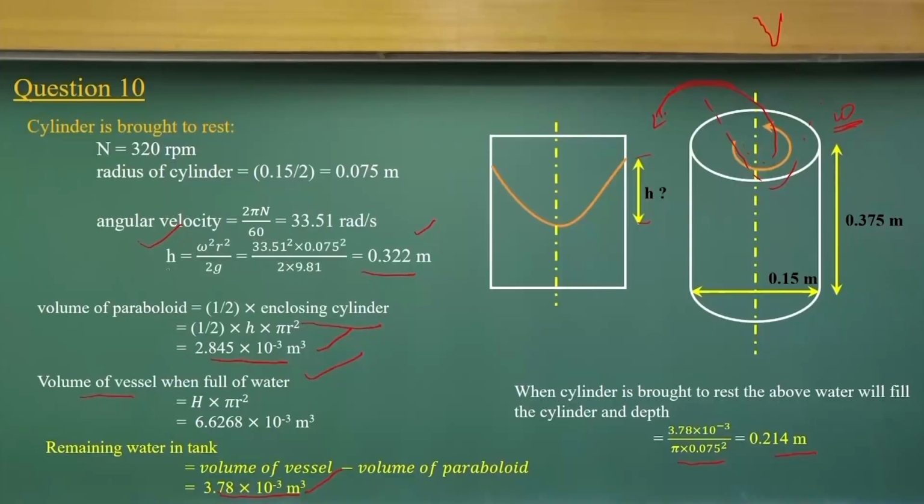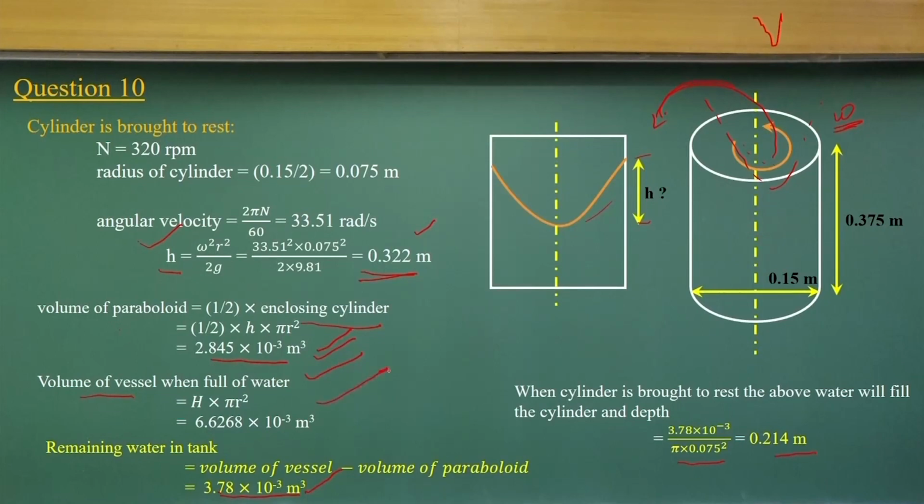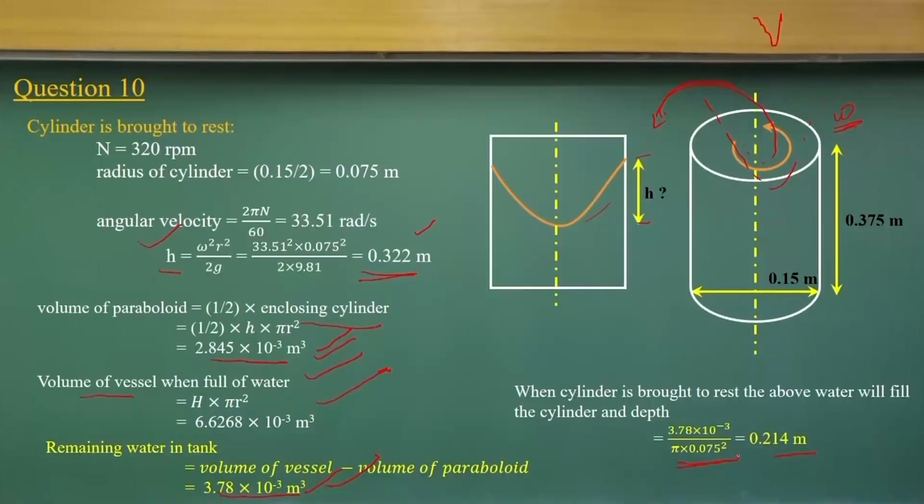As we know what h surface will be generated, and we also know how much volume of water will be spilled out from the original amount of water, we know the remaining volume of water. From there we can compute the depth, which is volume divided by the surface area.